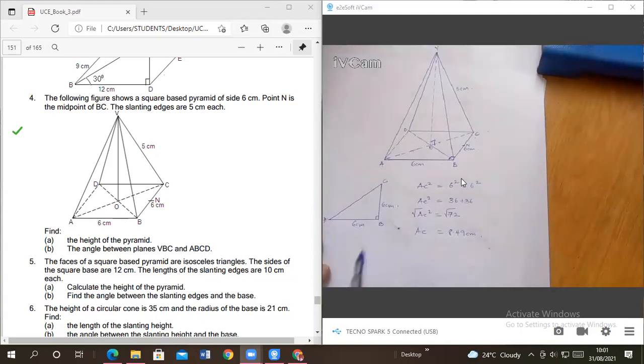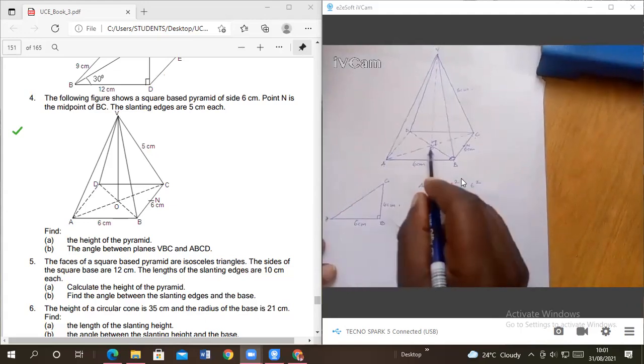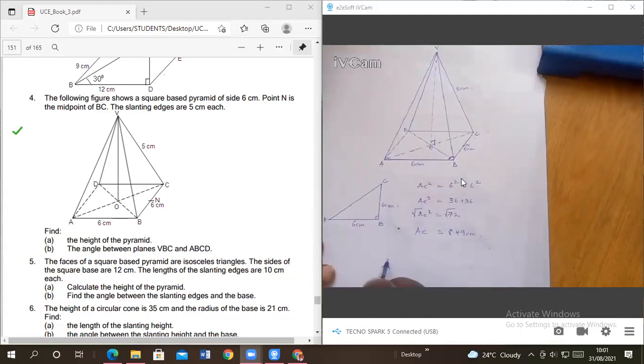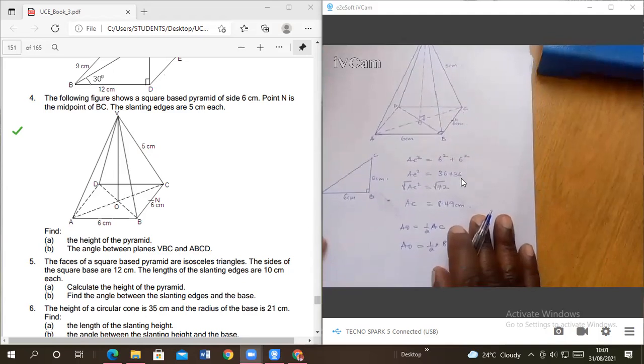AO is a half of SC. We are going to use this AO. So AO equals to a half times 8.49, isn't it? Yes.